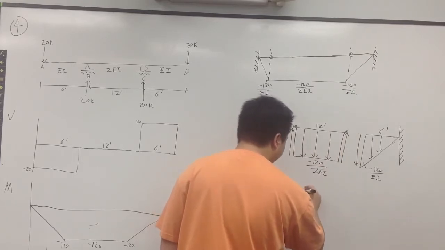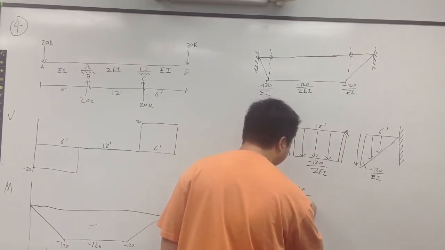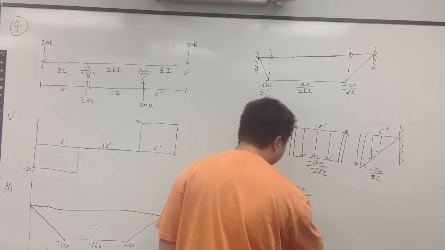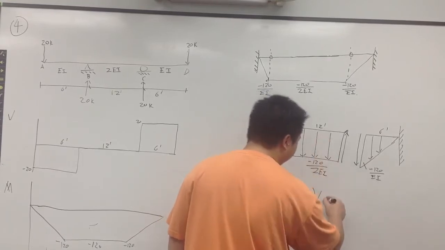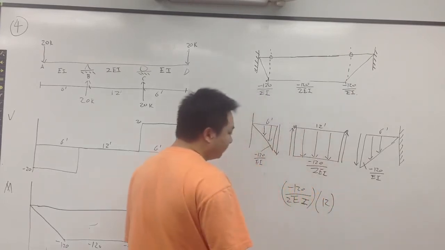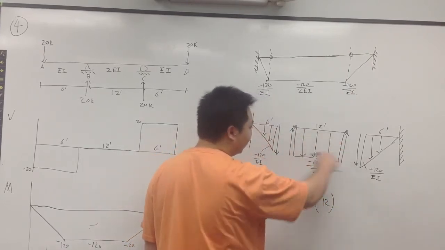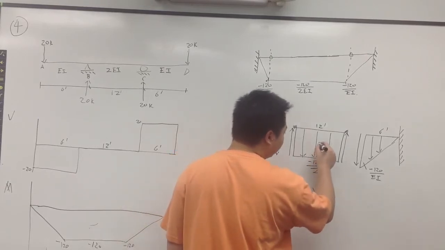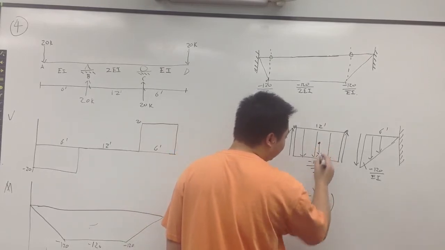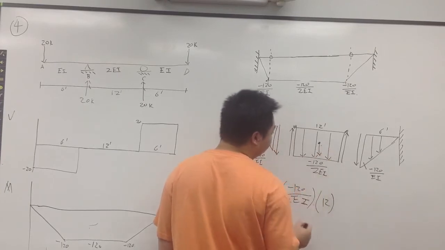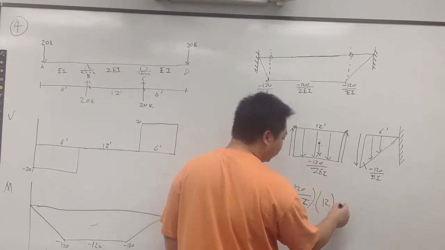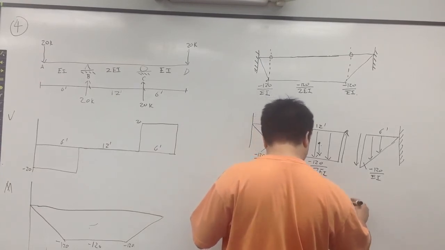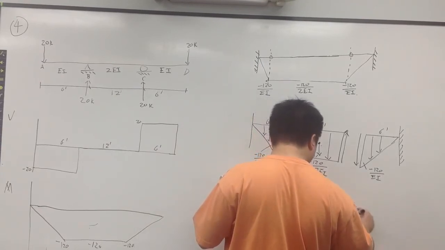So negative 120 over 2 EI times 12. When you do that, you know this is a distributed load, and you're going to find a point load. After you find the point load, this one is equal to 144 divided by 2 EI.